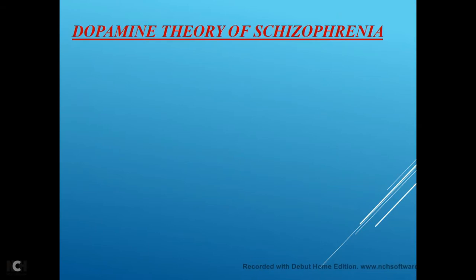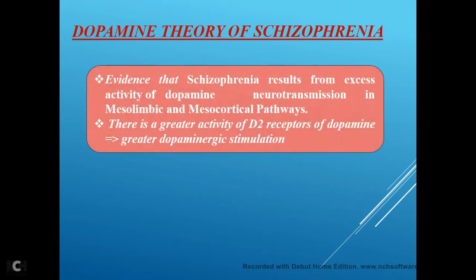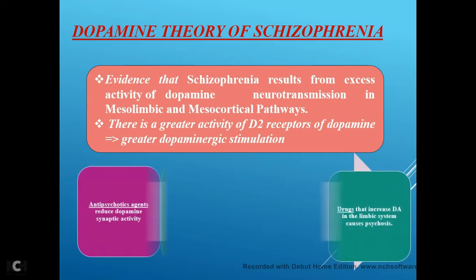The pathophysiology of schizophrenia has different theories. The first one is the dopamine theory. Evidence suggests that schizophrenia results from excess activity of dopamine neurotransmission in the mesolimbic and mesocortical pathway. There is a greater activity of the D2 receptor of dopamine, so greater dopaminergic stimulation.